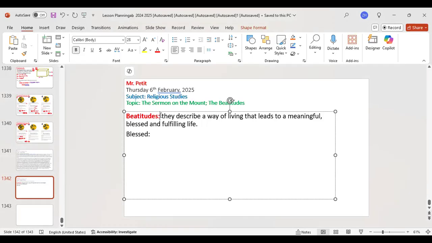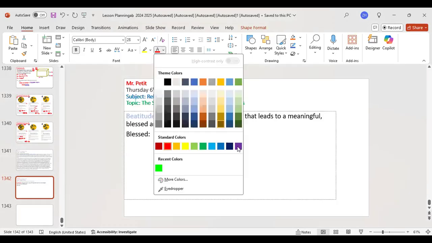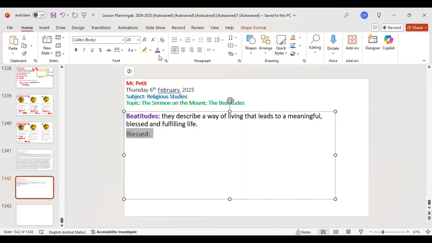Blessed means happy, all right? Happy is he that keepeth the law. The word Beatitude comes from the Latin word beatus, which means blessed or happy. So Jesus shows a way of living whereby you could be blessed by God.